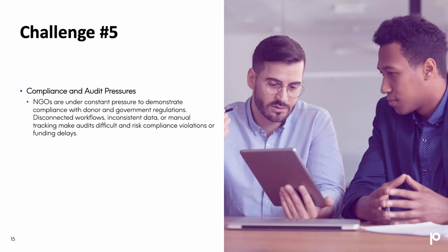And then finally, compliance and audit pressures. Obviously, you're dealing with a lot of outside people who want to know where their money's going. And so being able to automate processes in a way that is traceable and trackable, and you know exactly who's touched what when, and you're able to see within that SAP process even what's happening when and where that money is, because donors want to know. Disconnected manual processes often don't have it.